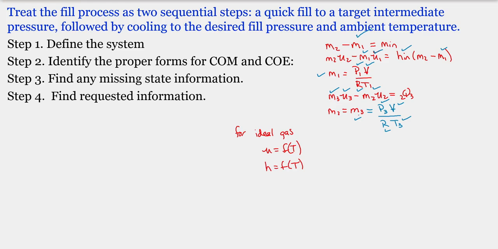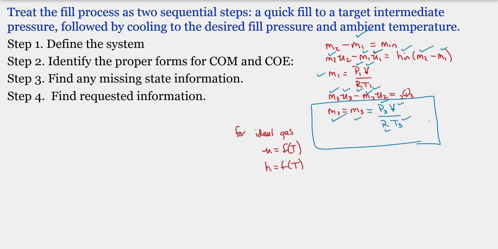So we know the mass at 3, which means we know the mass at 2, and that was a key connection because I needed the mass at 2 in order for me to come back to this expression here and say, well, I know the mass here at 2 and here at 2. So this is key. Because I can make this statement here, I can identify the mass that is at the final state.